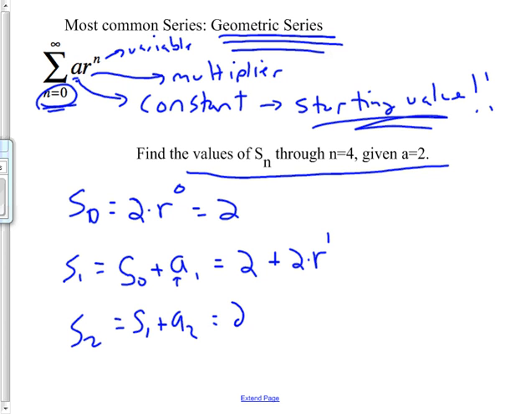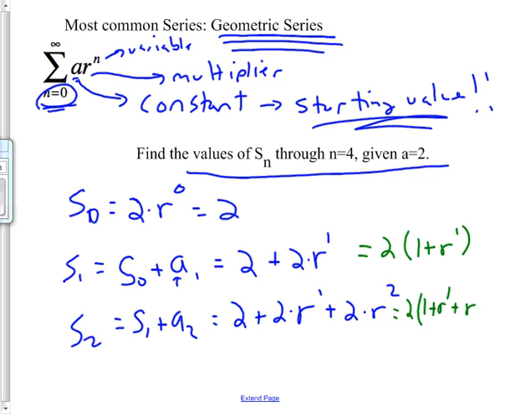S sub 1 is 2 plus 2 times r to the 1, plus a sub 2. Well, a sub 2 is 2 times r to the 2. Notice that we could factor these a little bit. If we so chose, this would be 2 times (1 plus r to the 1), and this down here would be 2 times (1 plus r to the 1 plus r to the 2).